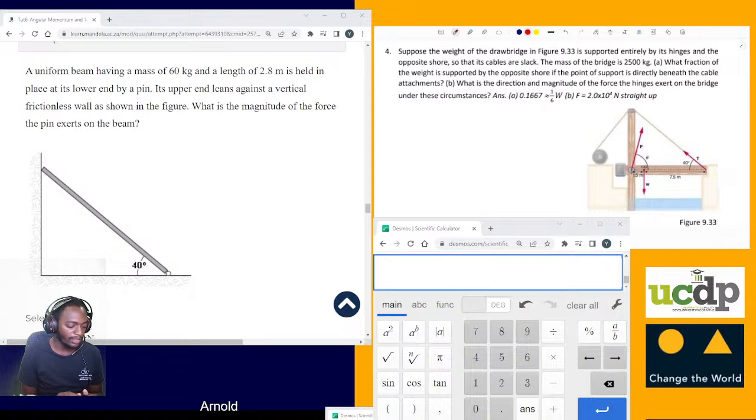A, what fraction of the weight is supported by the opposite shore if the point of support is directly beneath the cable attachments? What is the direction and magnitude of the force of the hinges exerted on the bridge under these circumstances? So we are also given the answers, so we can work towards that.